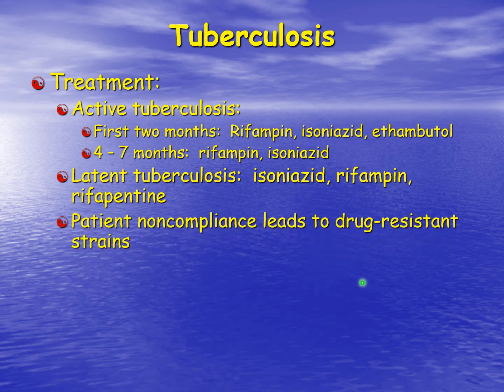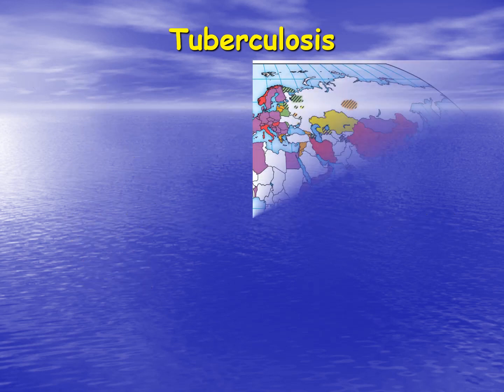Patient noncompliance oftentimes leads to drug-resistant strains. We have to treat tuberculosis for months, and so people often just stop taking their medication. And so we wind up with these drug-resistant strains, and these are just a couple of those.